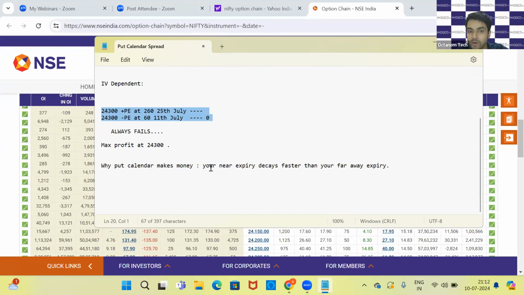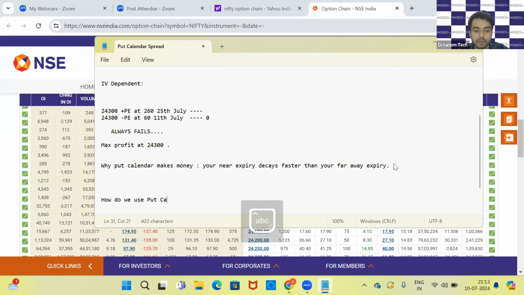Now, where do we use put calendar spread, and how do we use it?